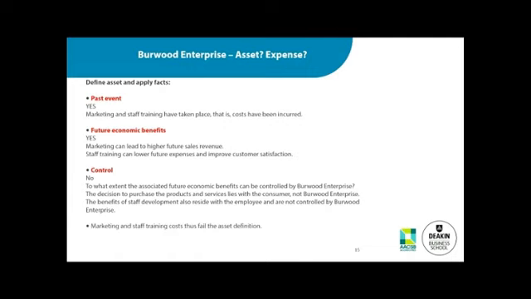All right, marketing and staff training costs do fail the asset definition. So this is the point. If this question comes in the exam, this is what we want you to be able to analyze, according to what you understand from the conceptual framework and definition. So, the definition criteria fail. There is no need to discuss the recognition criteria of reliable measurement and probability of occurrence.